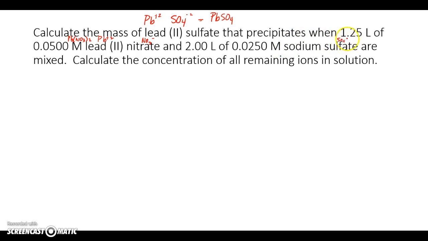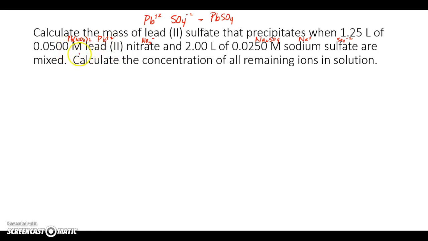Sulfate is SO4 minus 2, sodium is Na+, so that works out to be Na2SO4. Are mixed. So the first thing we need to do is write the equation and figure out which one of these are going to be the reactants.